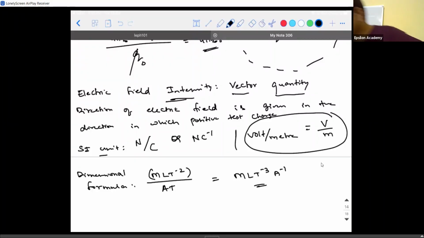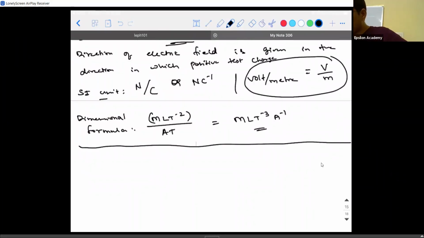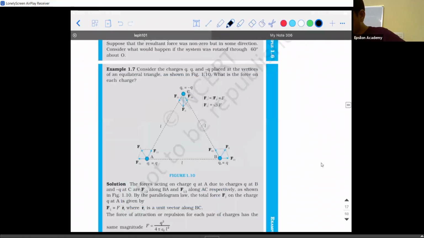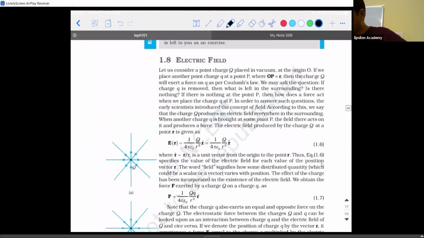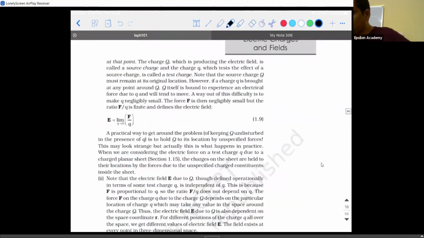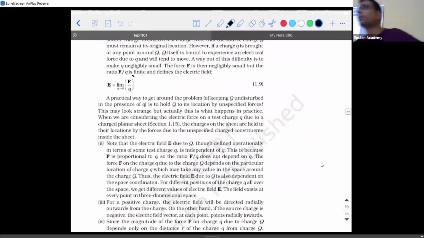Now comes another question. We saw what is electric field. So here, this is the definition which I told you. Electric field is equal to limit q tends to 0, F divided by q naught.